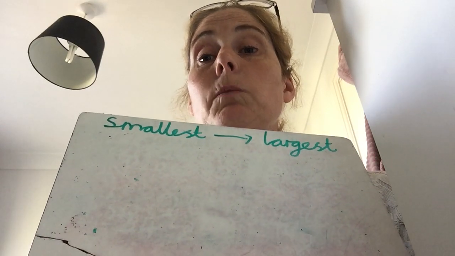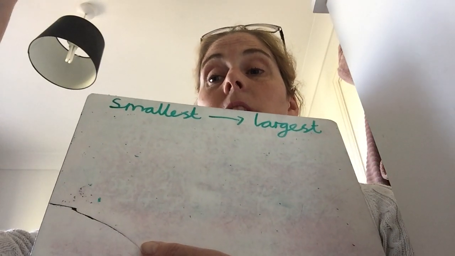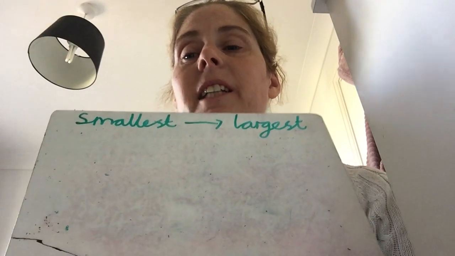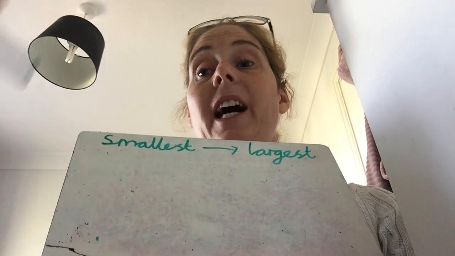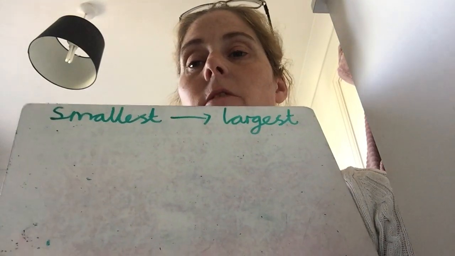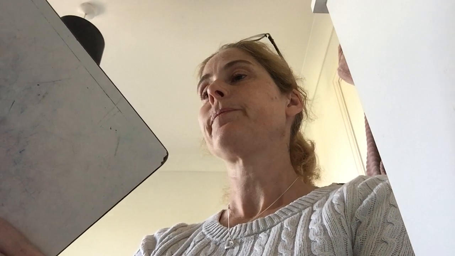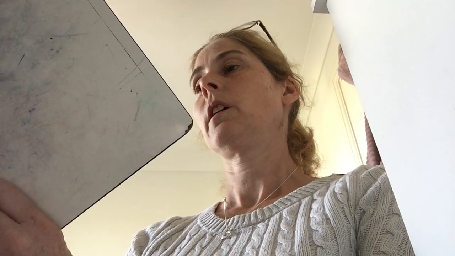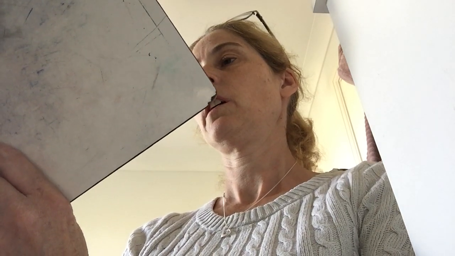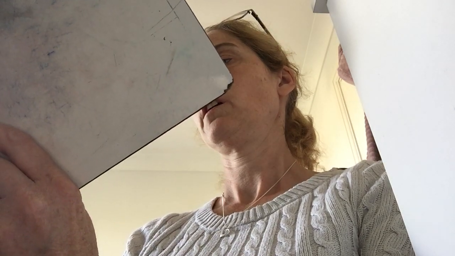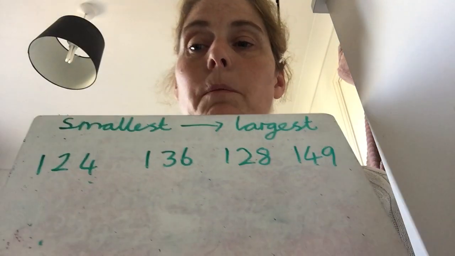If we're going from the smallest up to the largest, ascending, yeah, ascending. Same with our letters, we have the ascending letters and the descending letters. Okay, right, so this time, okay, there's my 3 numbers.